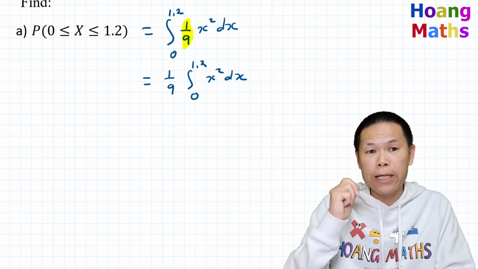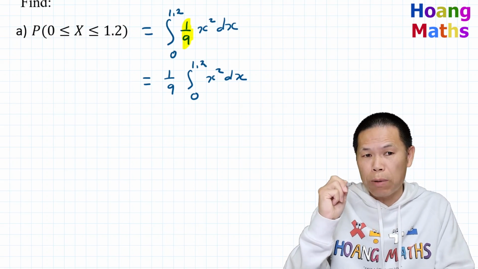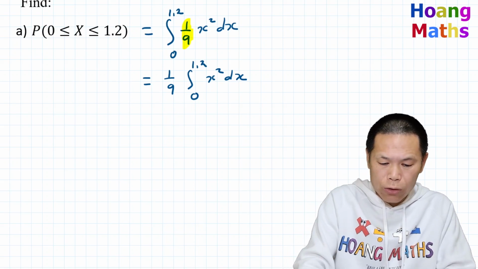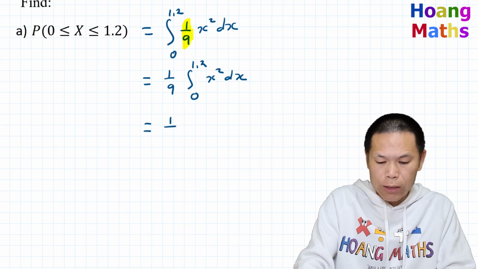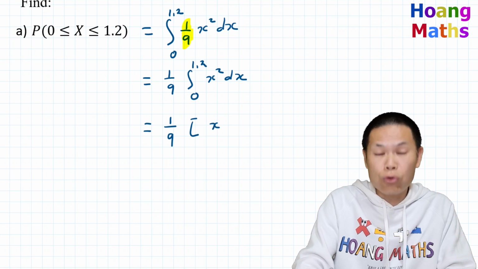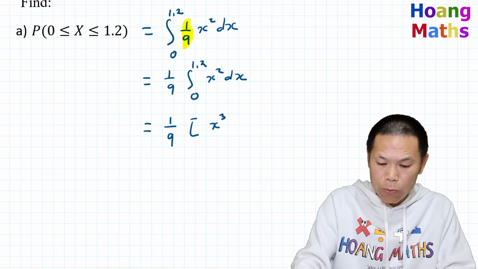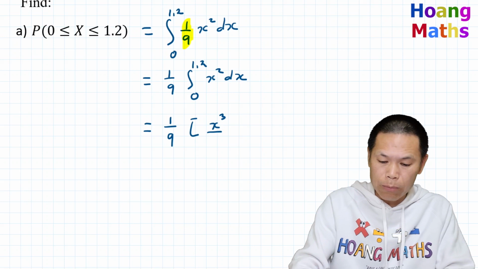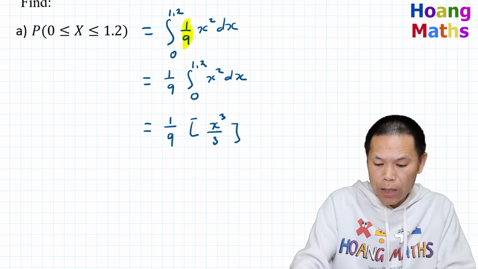Now I just integrate x squared: 2 plus 1 is 3, so x to the power of 3. Let me write this first. That becomes x to the power 3, and then we divide by 3, from 0 to 1.2.